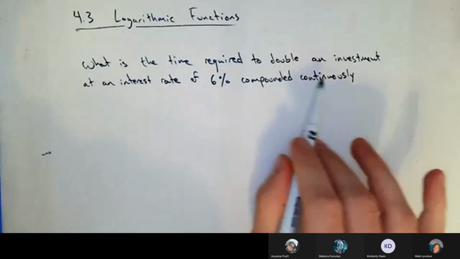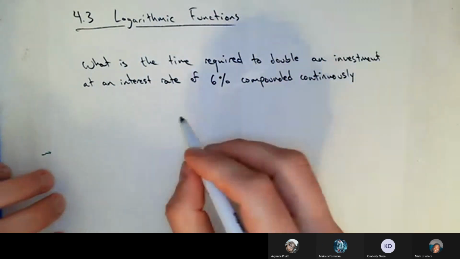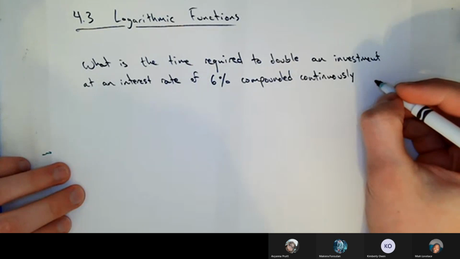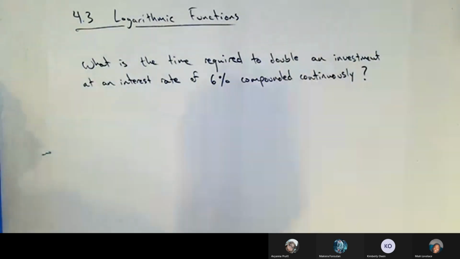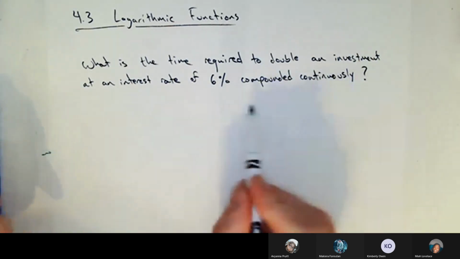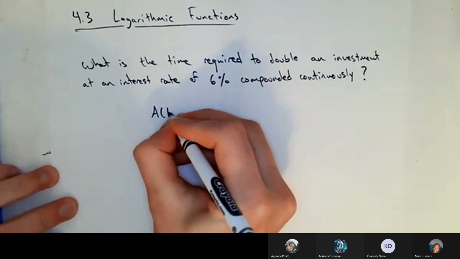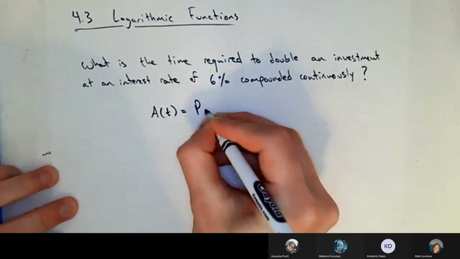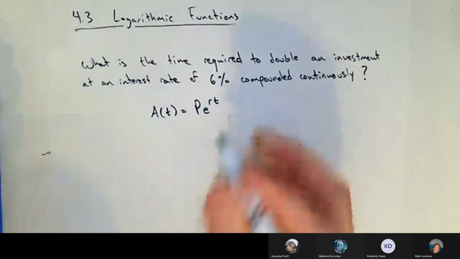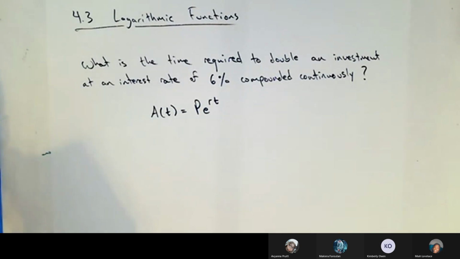Let me read this again. What is the time required to double an investment at an interest rate of 6%? Okay, so if we approach this with the tools that we have already, we know that if we're talking about continuously compounded interest, I have this formula: A of t equals P times e to the rt. Okay, cool.